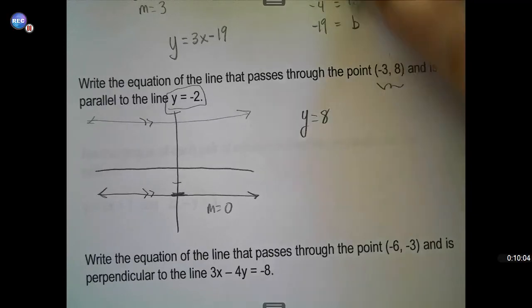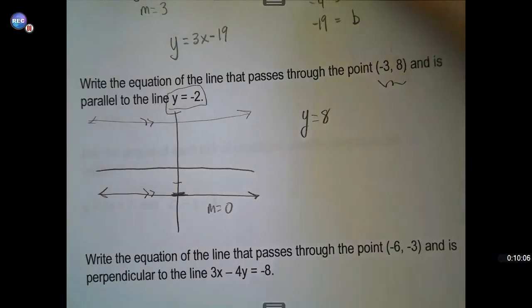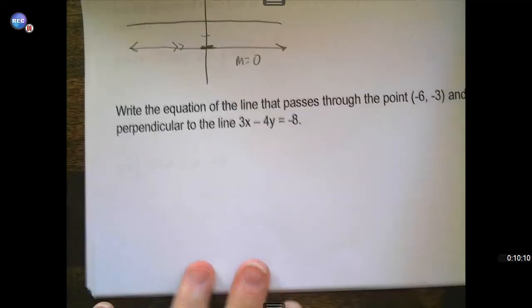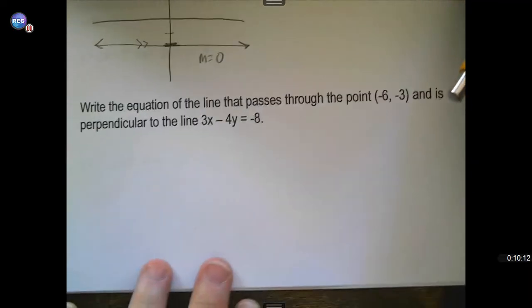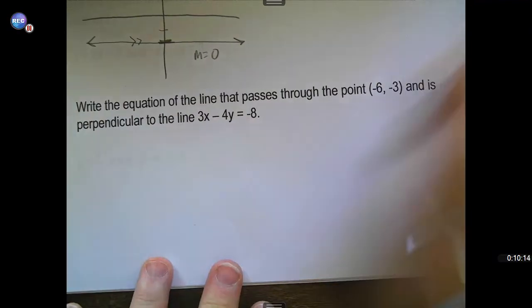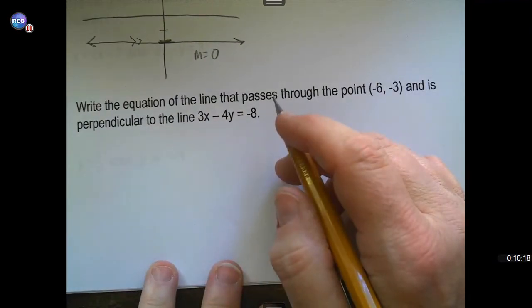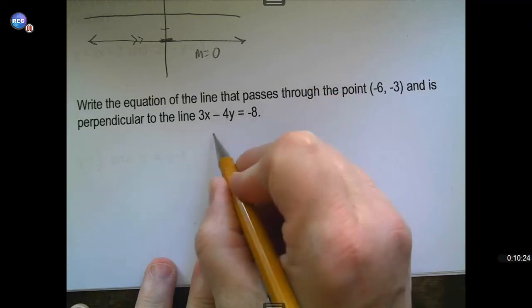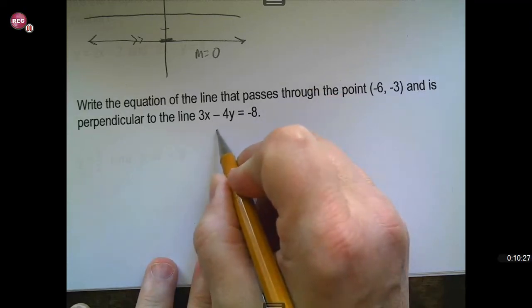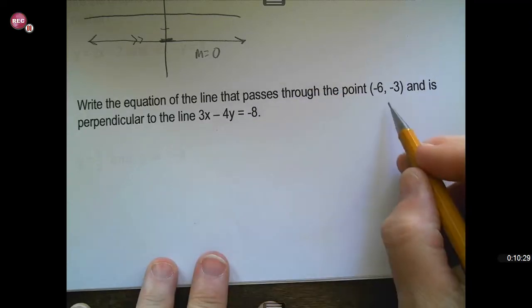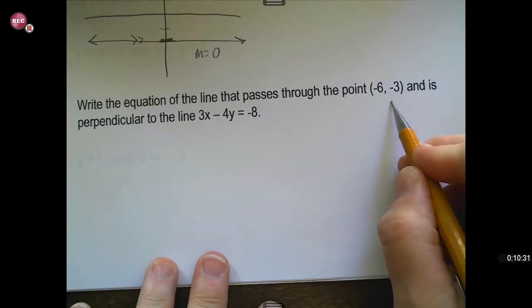Then we have, write the equation of the line that passes through the point (-6, -3), and is perpendicular to this line. Well, perpendicular is a slightly different story, right? The slopes aren't the same. They're opposite reciprocals of each other. So we need to find the slope of this line, and then that will allow me to find the slope of the line that goes through this point.